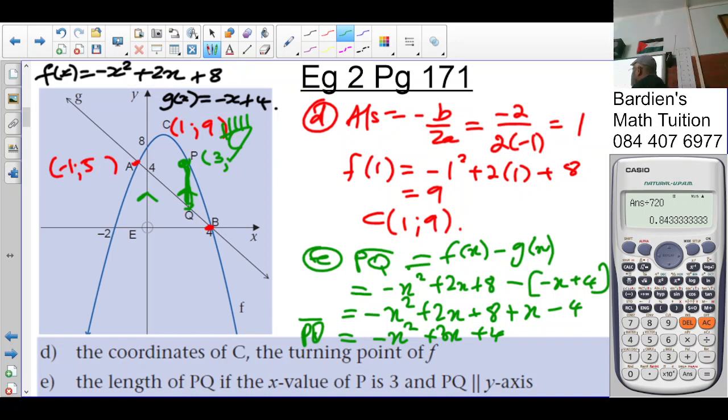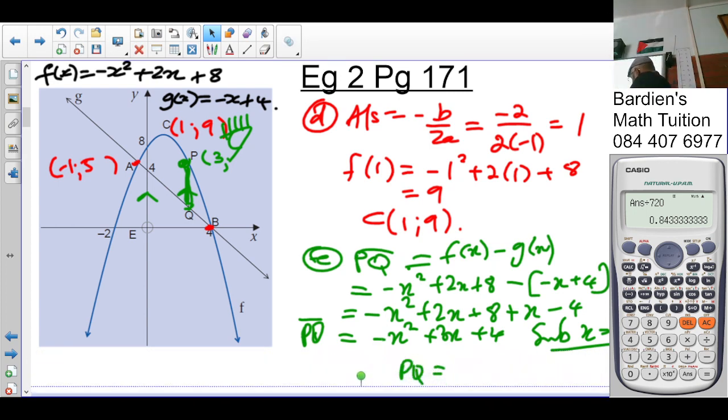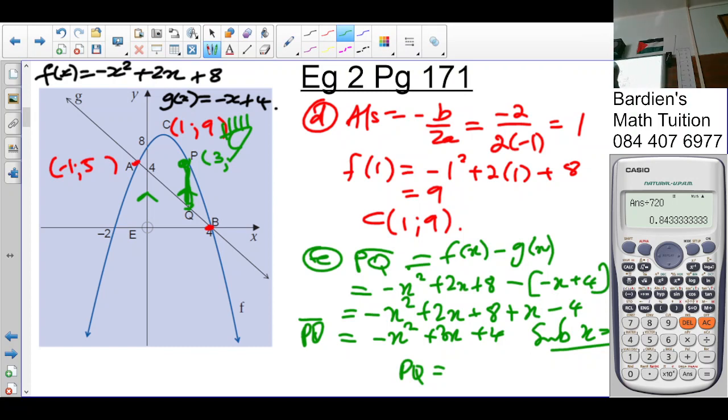How do we get a value at that specific point? You substitute x is equal to 3. So PQ is equal to, wherever I see x, I put a 3.